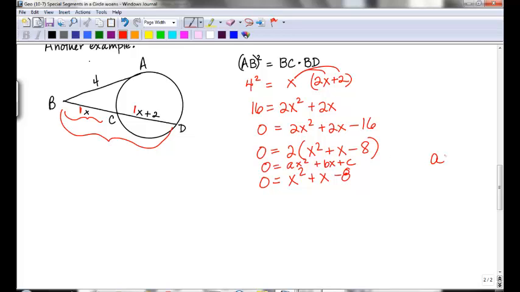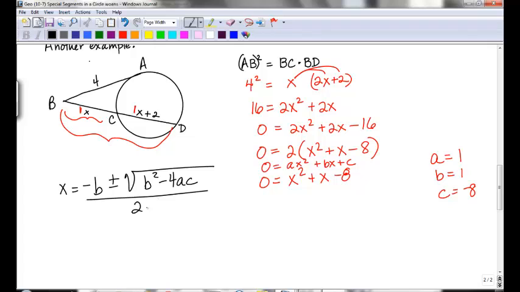So my a is 1, my b is 1, my c is negative 8. Quadratic formula, remember the lyrics to the song? X equals negative b plus or minus the square root of b squared minus 4ac, all over 2a. There you go.